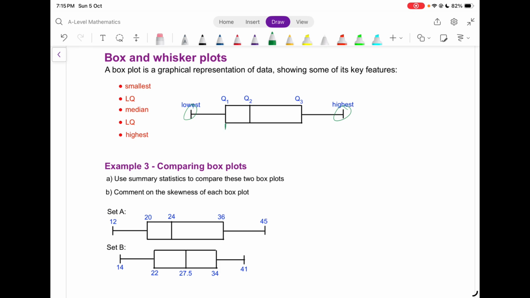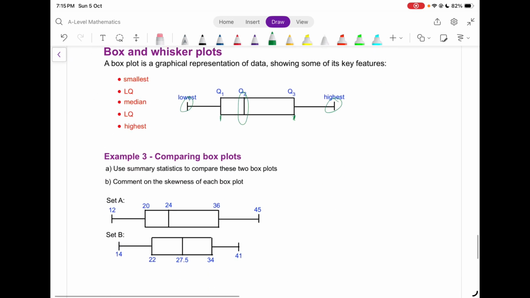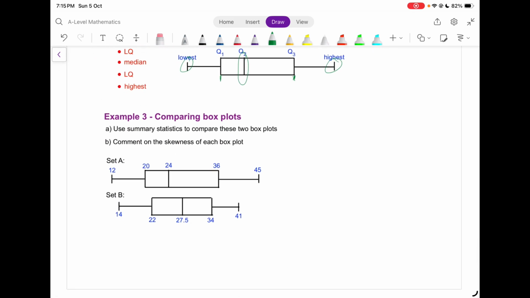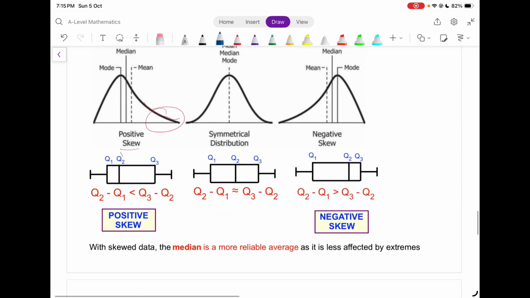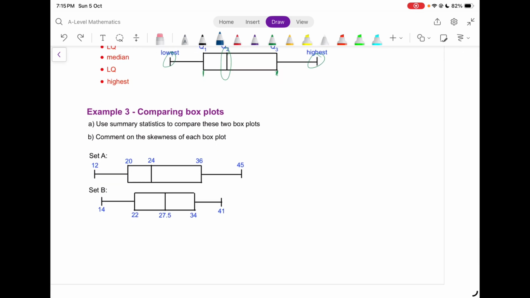So here we have the lower quartile, the upper quartile, and the median is right over here. Don't ever think that it's always even like a symmetrical distribution. It could be biased towards one side, so we say whether it is skewed or not. You'll see where the data concentrates and where Q2 is, according to the skew. If the median goes to the left, that is a positive skew, so from this box and whisker plot we can see it is a positive skew.